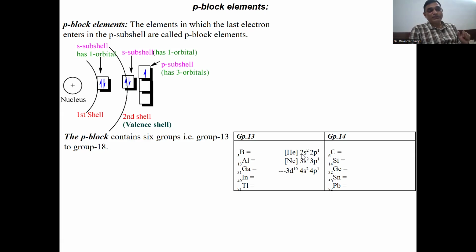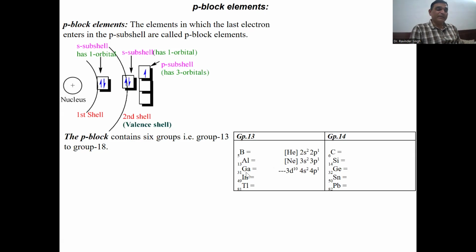No, because its configuration is 1s2, 2s2, 2p1. In the second shell, there are only s and p, there is no 2d. So there is no vacant d orbital in boron, while in aluminium there is a vacant 3d orbital. And that vacant 3d is filled in case of gallium.